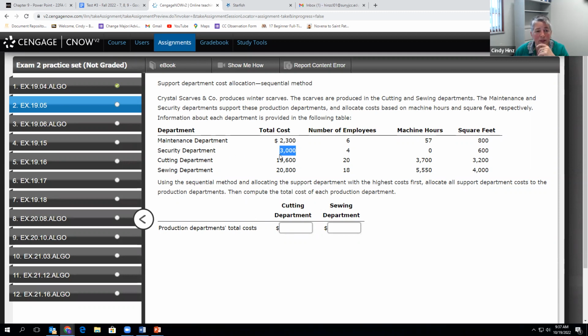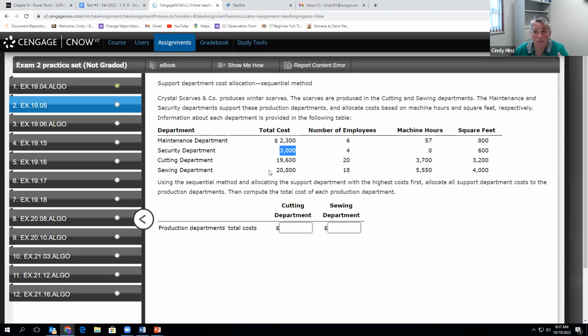The security department then will be allocated to maintenance and to the two production departments, cutting and sewing. Then we'll allocate the maintenance department. The security department has already been zeroed out. It's fully allocated. And so the maintenance department will be allocated only to the two remaining departments. And that's why it's called the sequential or step down method.